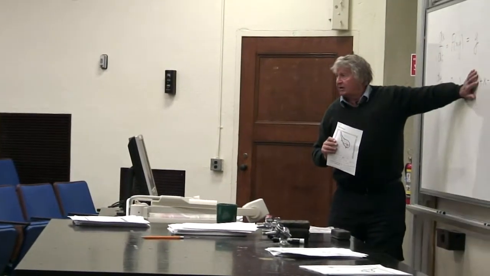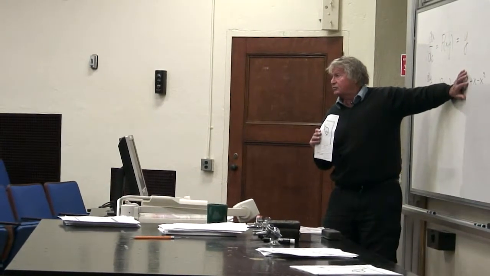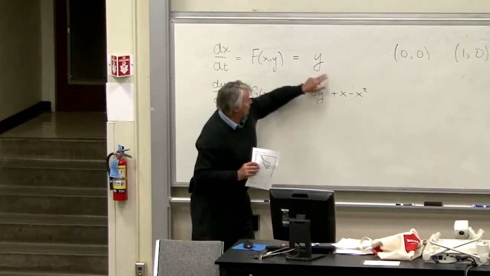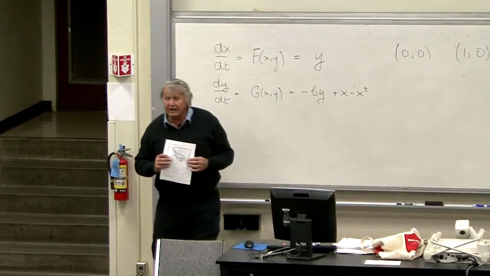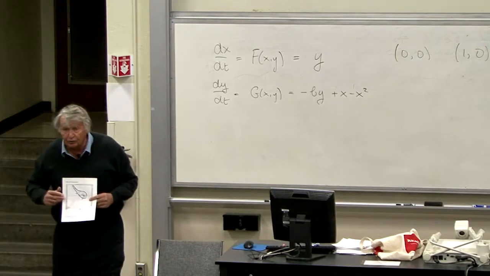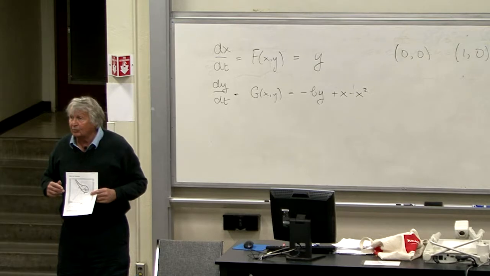Now, we were able to actually write down equations for those in the case where b was 0, because then the trajectories were defined by dy by dx equals x minus x squared over y, which we could actually integrate. And we could look at the curve that went through x equals y equals 0.